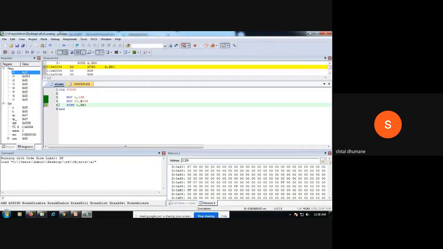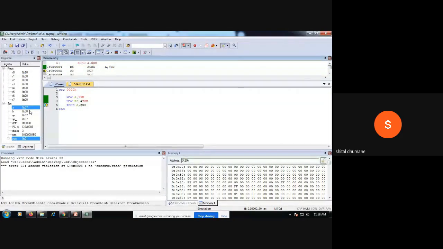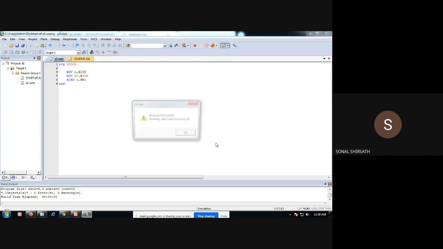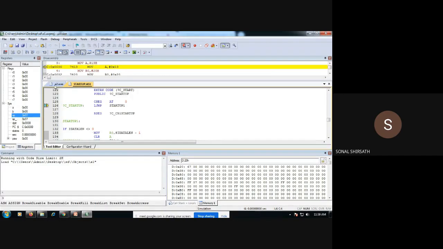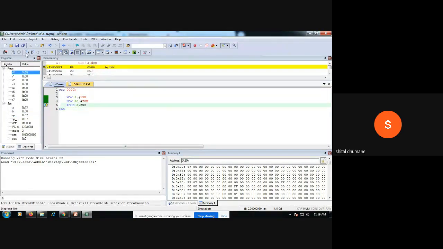Now your R0 is 20 and your accumulator is 13. Then R0 is the memory location where we have stored 67.